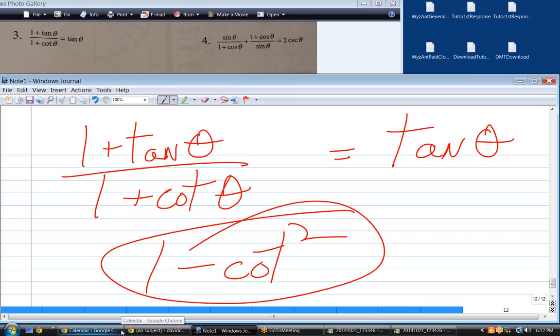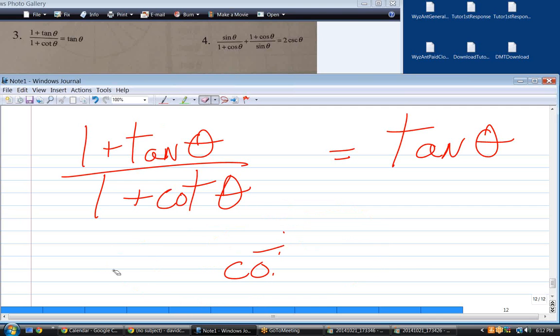So that's not going to do me any good. I cannot replace that with a single term. So I don't want to do that. If I multiply by 1 minus tan, I end up with 1 minus tan squared in the numerator. That is also not an identity. So there's no point in doing that.